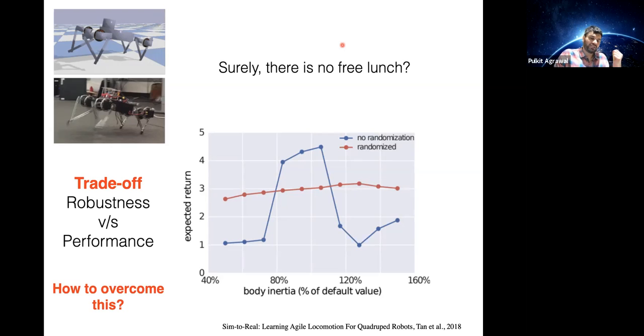For example, maybe I have prior knowledge that my body inertia is going to be within a certain range, so instead of choosing a wide range, I could just choose that small range. But in some cases we may not have access to this prior knowledge. So what do we do then?